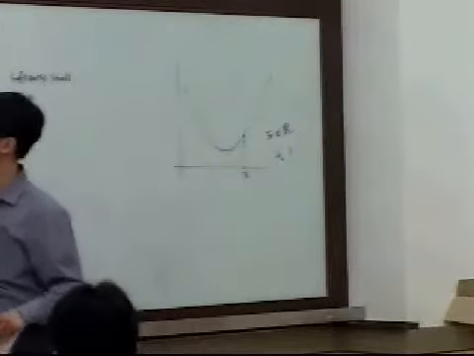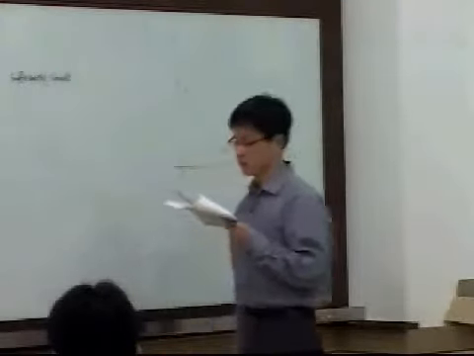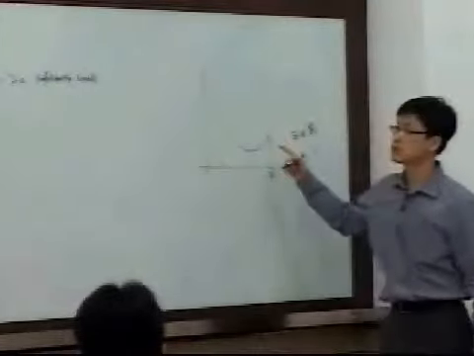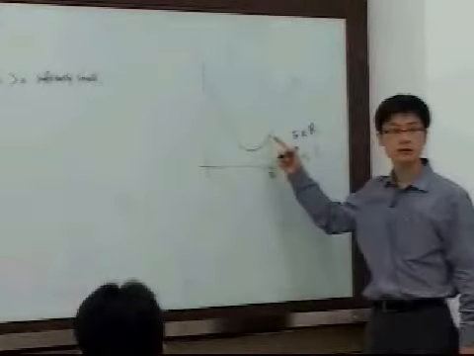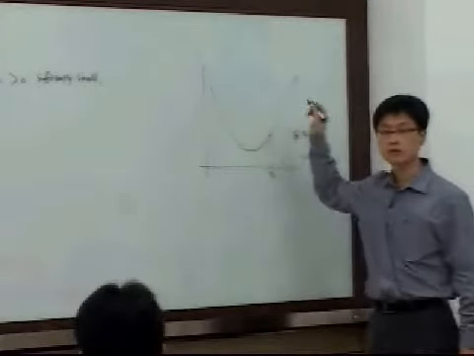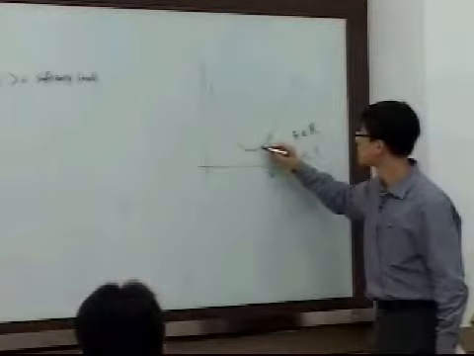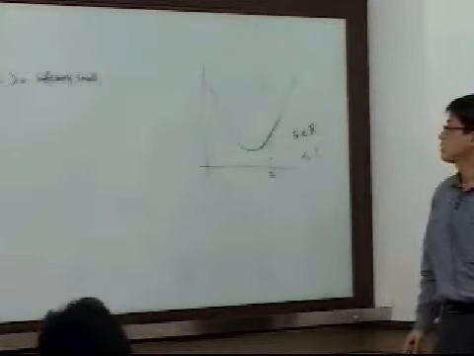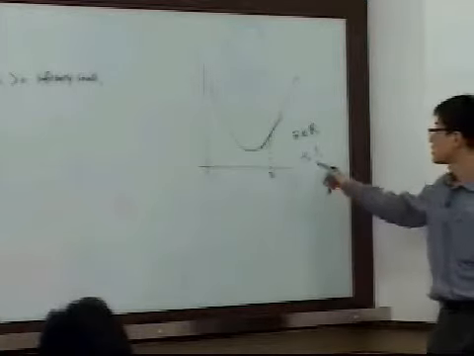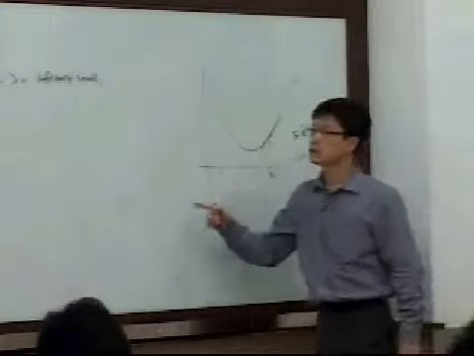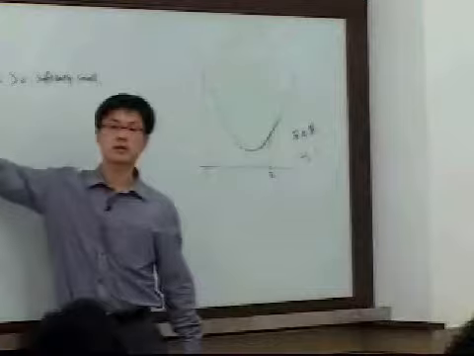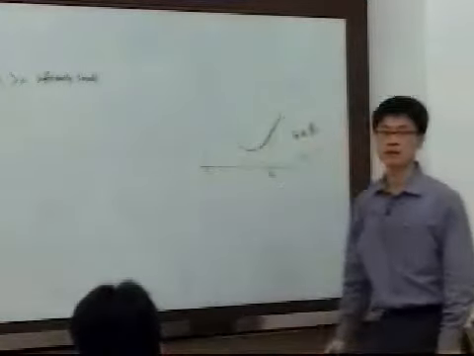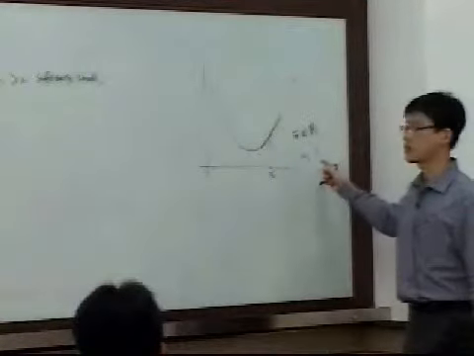If there is a vector d such that the gradient of f at x bar transpose d is negative. What's the gradient of f(x)? Here, the slope, right? That is the gradient. And the gradient times this d is the slope times minus 1 or 1.